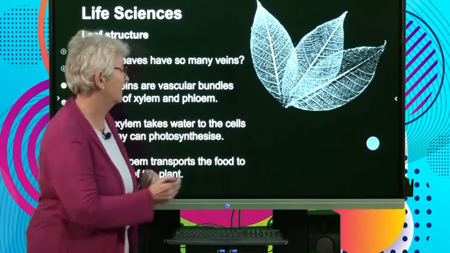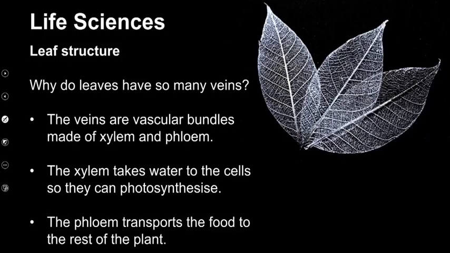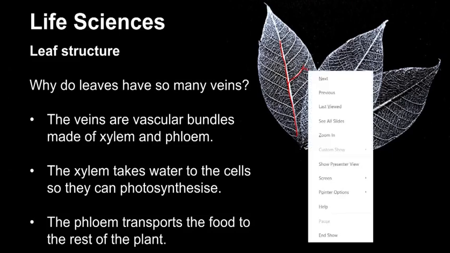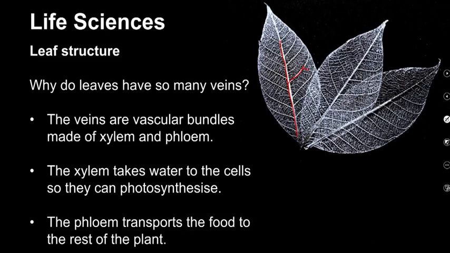And in the leaf, we find leaves have a main vein which has lots of xylem in it. It has side veins branching off, and more side veins branching off those. And you can see they're all of a different thickness, and that gives you an idea of how much xylem they actually have in them.